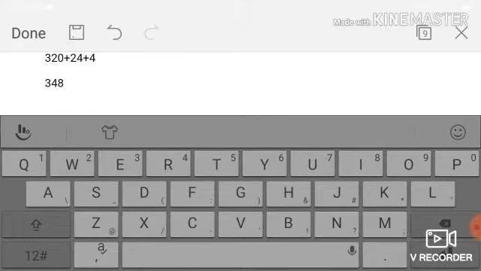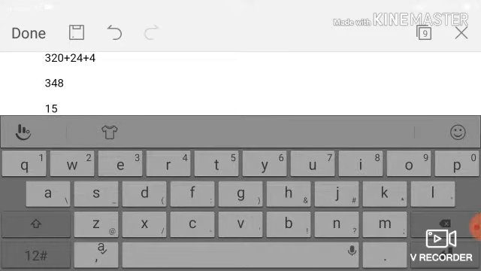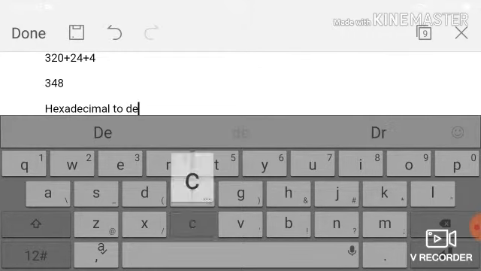Then the hexadecimal to decimal. So 15C hexadecimal to decimal.